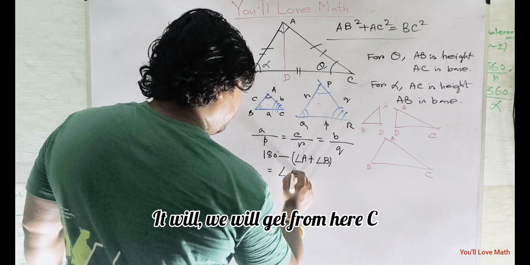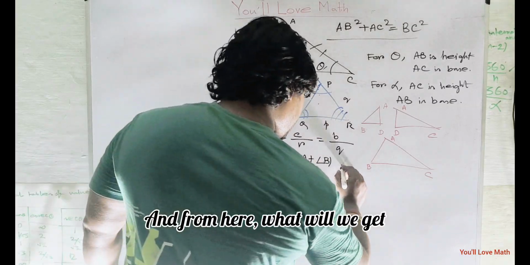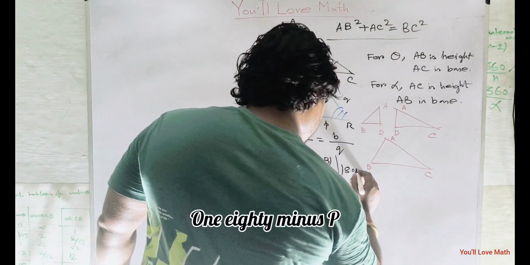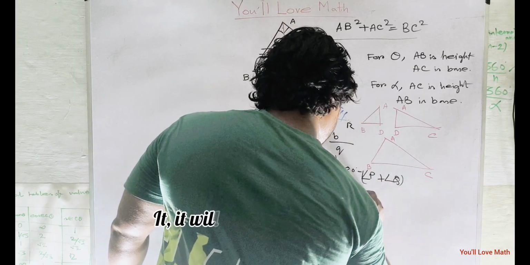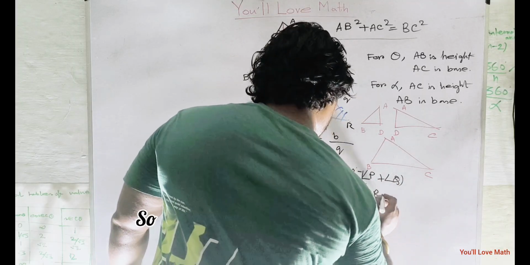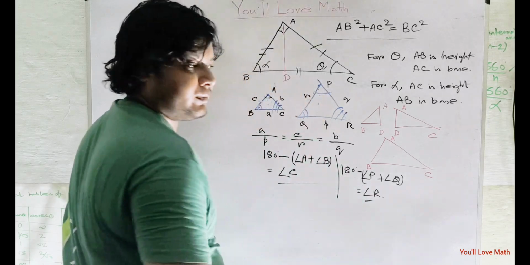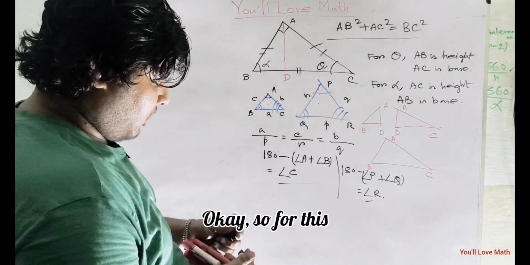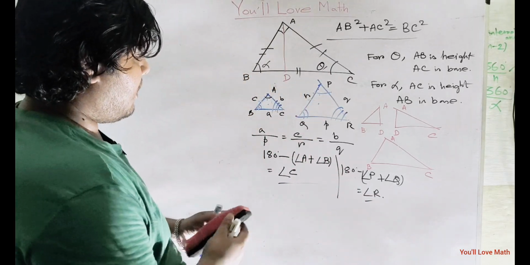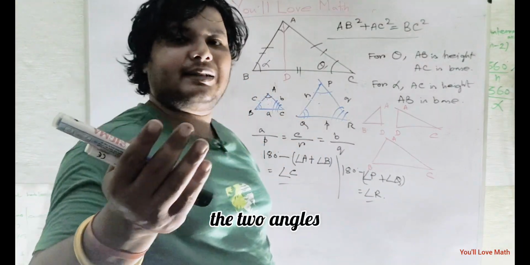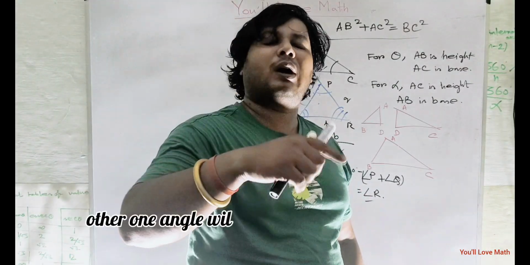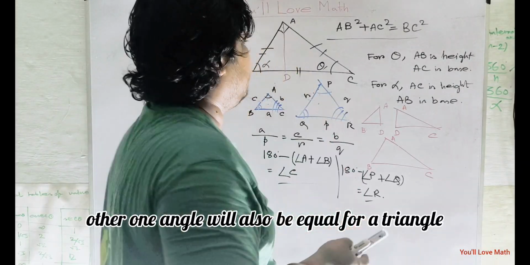We will get C. And from here, what will we get? 180 minus P minus Q. It will be exactly equal to R. So automatically C and R are equal. So if two angles are equal, the other angle will also be equal for a triangle.